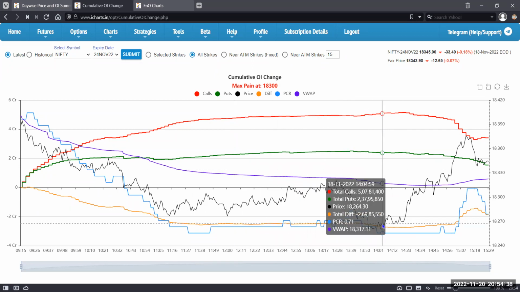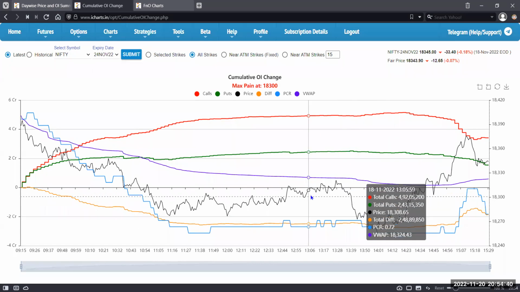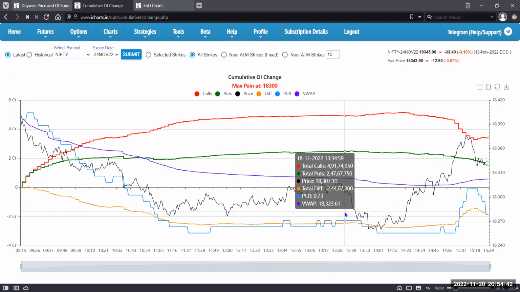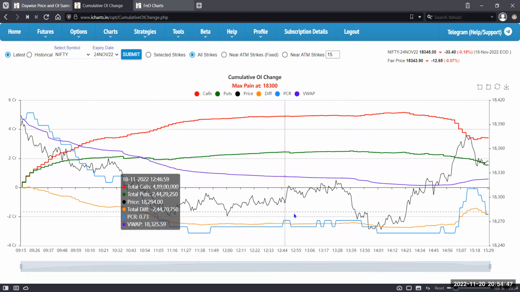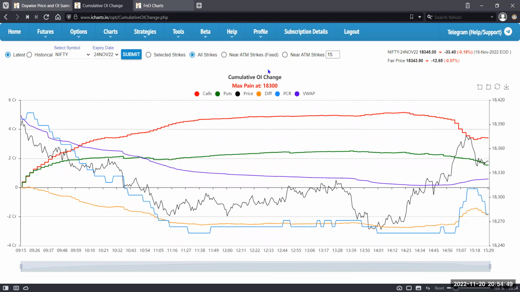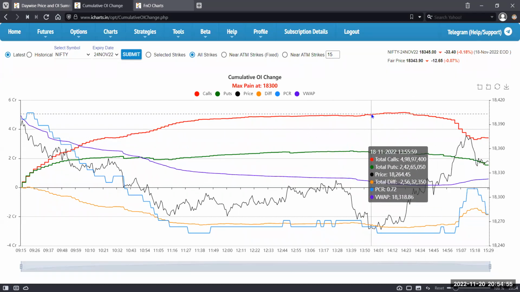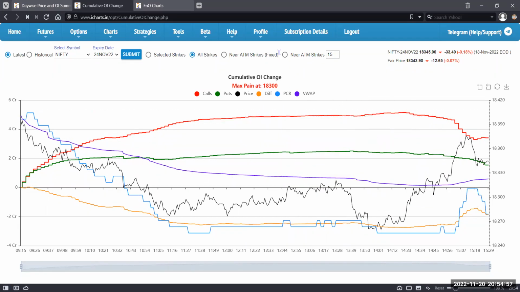All strikes will give you overall information, and this can sometimes be slightly delayed. Usually it will give you a clear-cut picture, but sometimes it can get delayed. So you can experiment with near-term strikes, near ATM strikes, and see. Some fine-tuning definitely can be done using these.